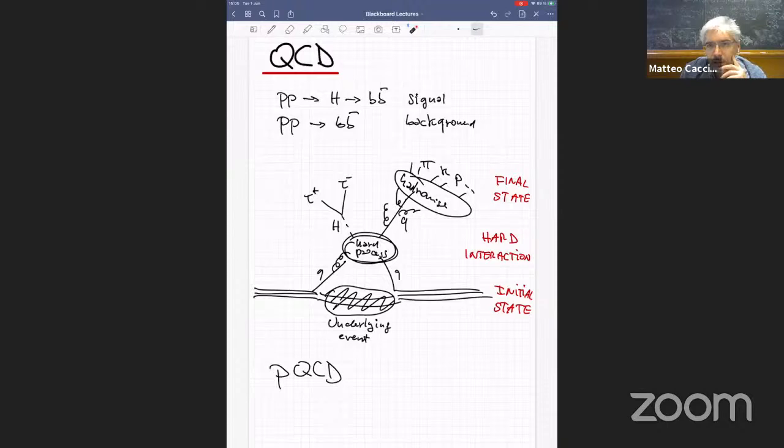Still, you can predict a lot of things in QCD. And to give you an idea of how much of a progress this is, what we can do with QCD, I can read you a couple of quotes that were said in the 50s and 60s, before the golden era of quantum field theory and the standard model as we know it today.